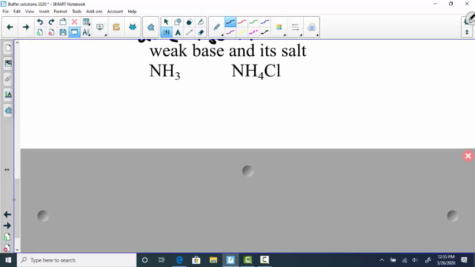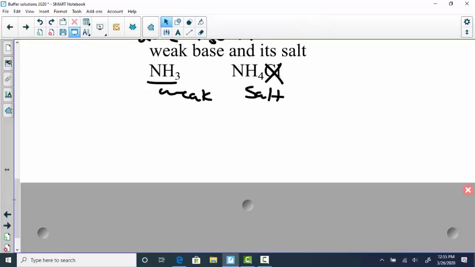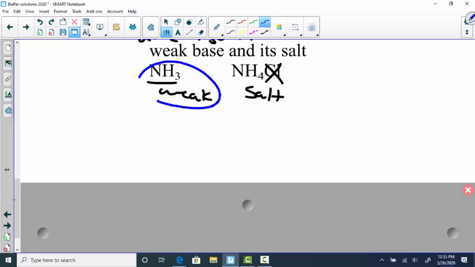Or it's any weak base and its salt, okay? And again, all that matters is the weak base and the salt of the weak base, but again, chloride doesn't really matter, okay, because chloride is the conjugate of a strong acid and it's not going to do anything. So when you're writing these equations, again, always start with the base.